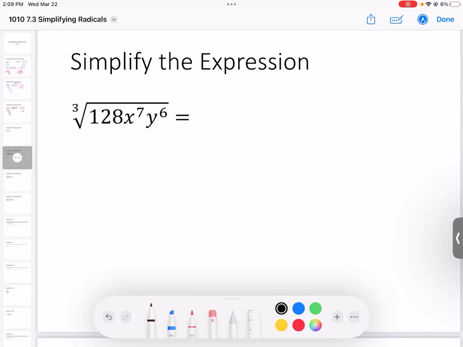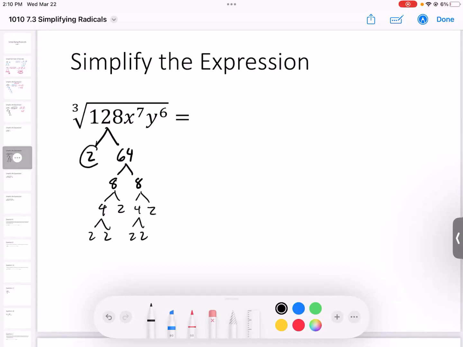So I'm going to start with the number part, and I'll say 128 is an even number, so it can be factored into 2 and 64. That's an even number, but also I could factor into 8 times 8 because I know 8 times 8 is 64. 8 can be factored into 4 times 2. 4 can be factored into 2 times 2. And that other 8, same thing.